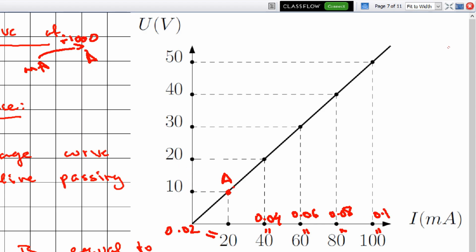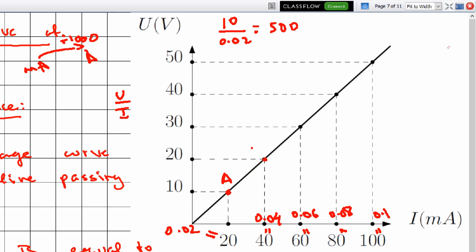Now in this case we are calculating the ratio U divided by I for several points. For the point A, 10 divided by 0.02 will give us 500.